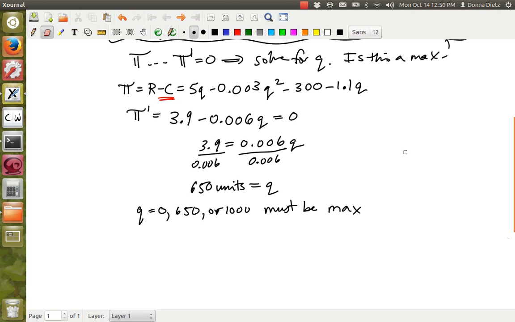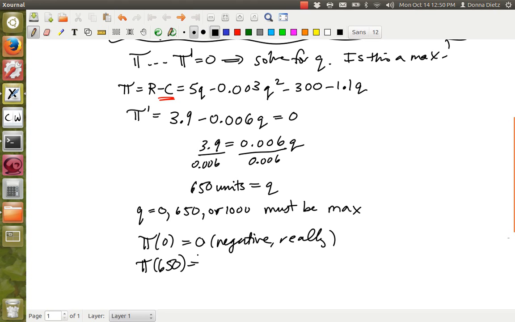Alright, so let's get rid of that. Okay, so if we don't really know, we can just say profit of 0. Well, that's stupid. You sell 0 objects, you get 0 profit. Actually, it's negative. And then you calculate pi of 650, and you get 96750, and that's the actual answer.